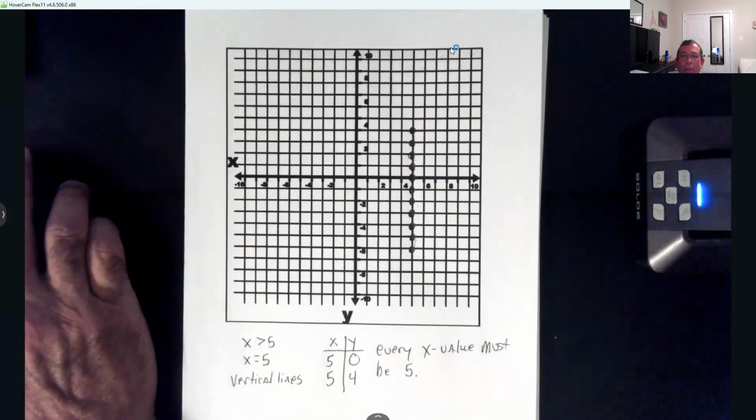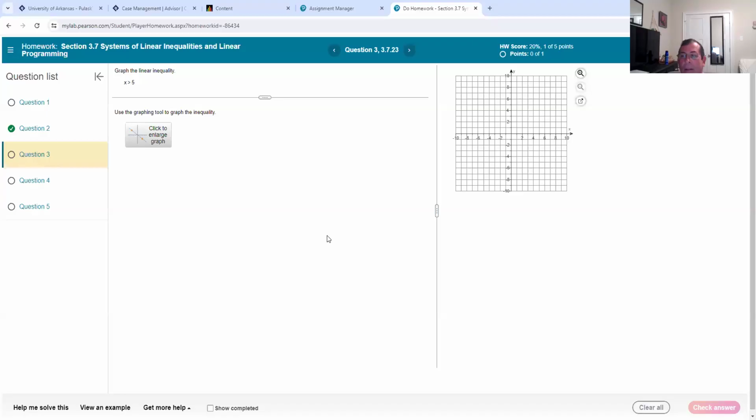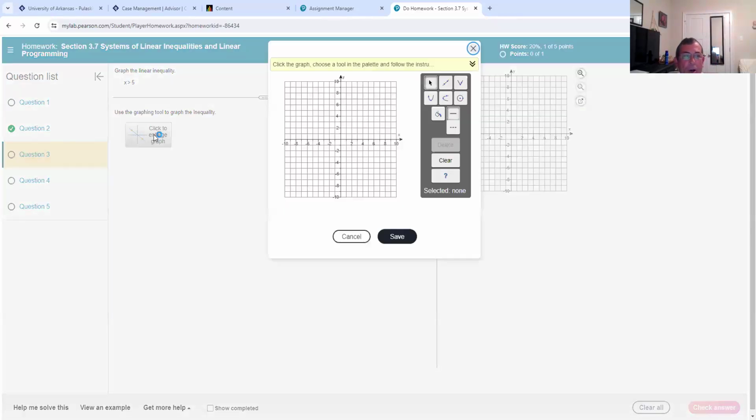So y'all, let's go play with the math lab and see what it's wanting us to do. So we'll play with this one that I had, x greater than 5. So I'm going to click to enlarge my graph. So it's going to be the line tool. And we got to choose the dotted line, okay? If you don't change that to a dotted line, it'll mark those wrong.